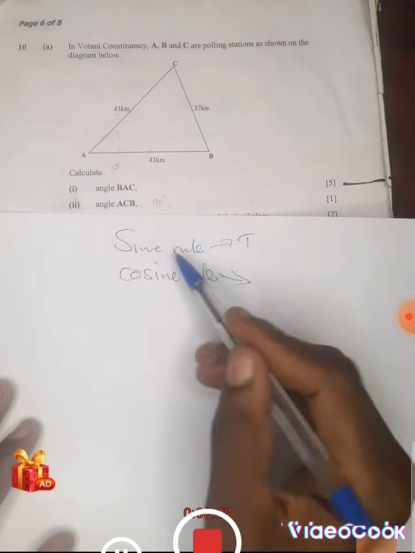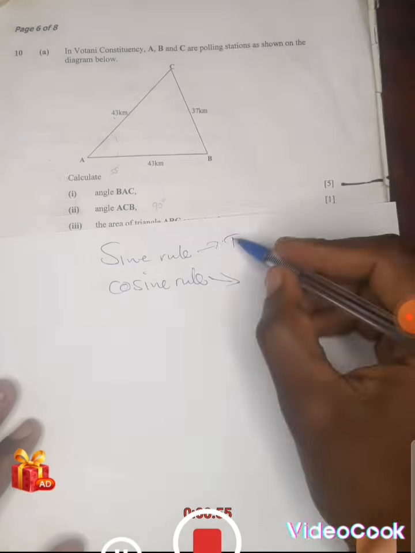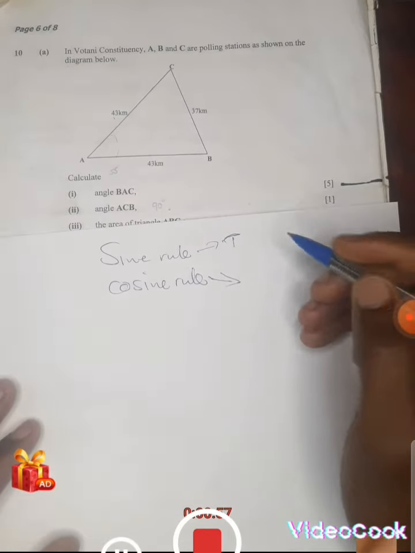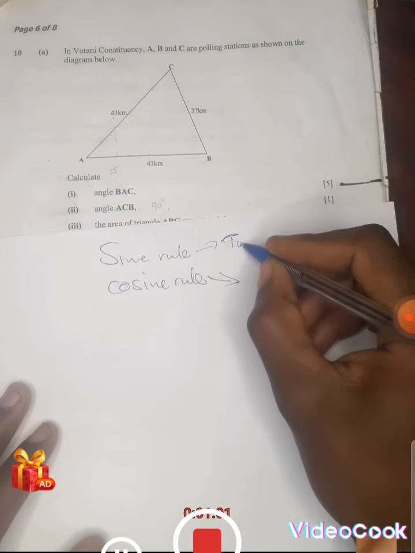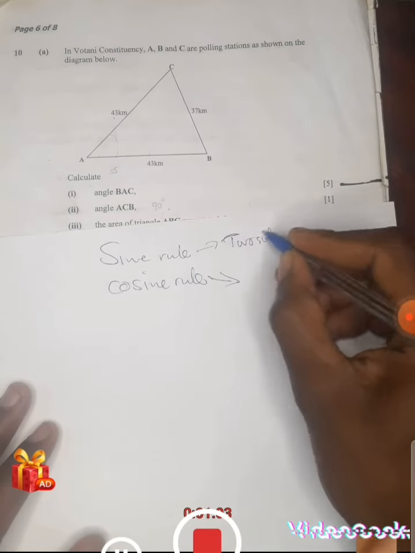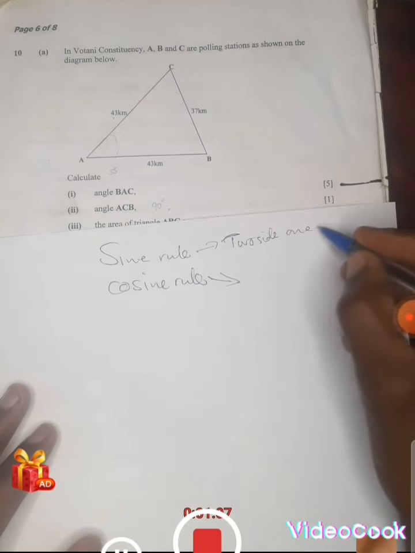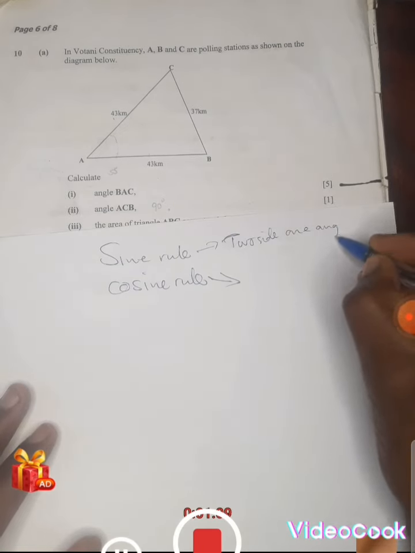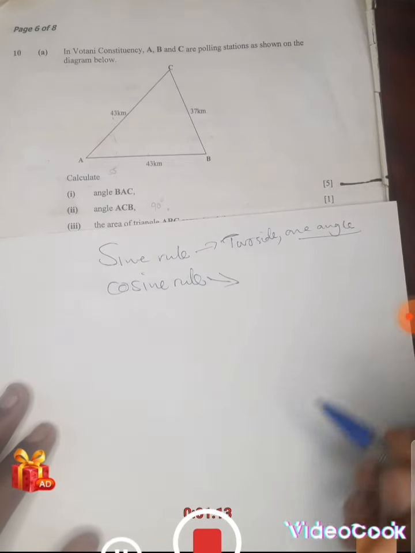You need to discover which formula to use, if it's a sine law or it is a cosine law. Okay, so we use a sine law when we have been given two sides and one corresponding angle, so one angle which is opposite to any of the two sides given.